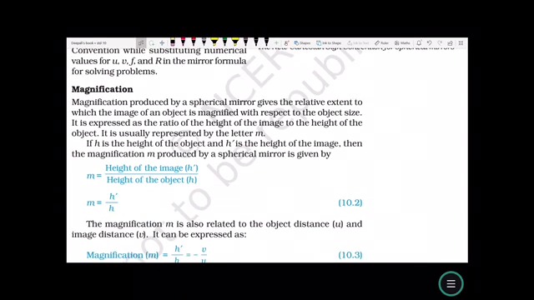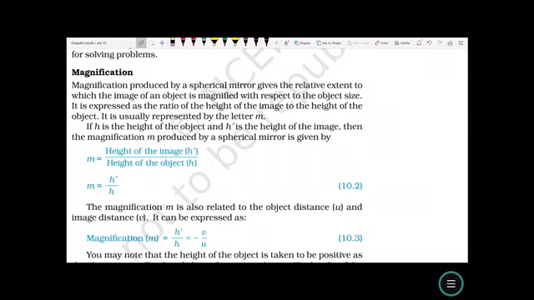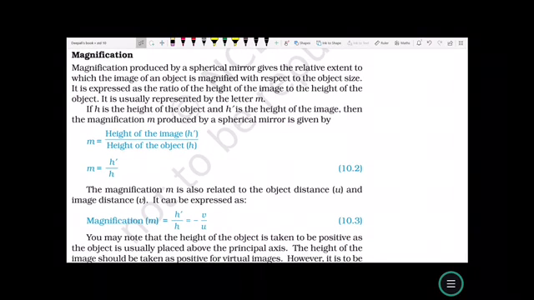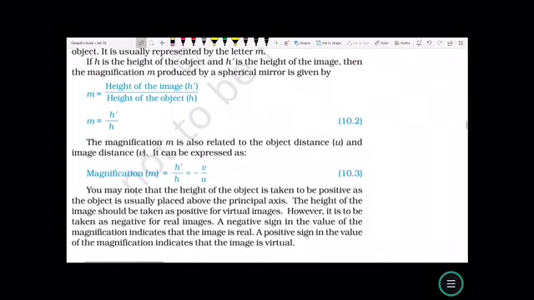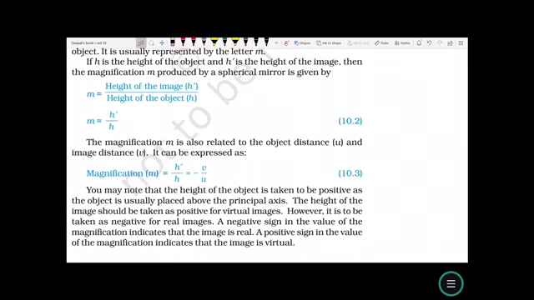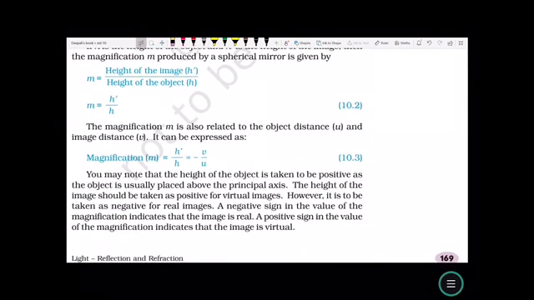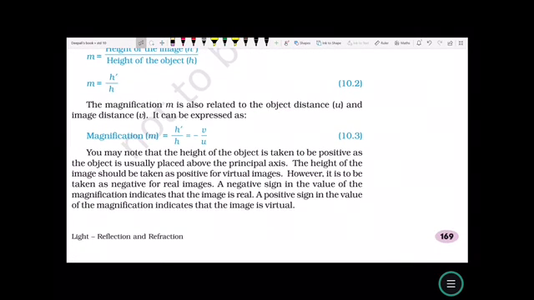It is expressed as the ratio of the height of the image to the height of the object. It is usually represented by the letter m. If h is the height of the object and h prime is the height of the image, then the magnification m produced by a spherical mirror is given by m is equal to height of image h prime upon height of object h. m is equal to h prime upon h.